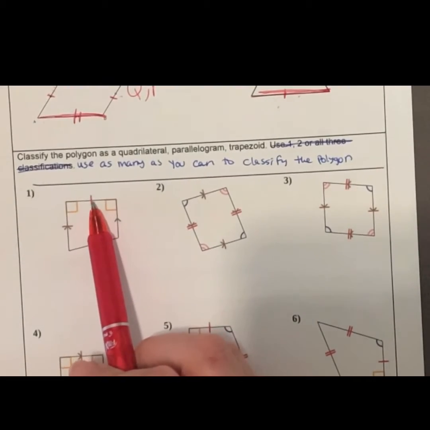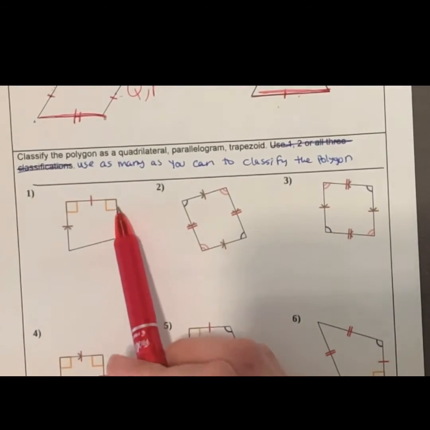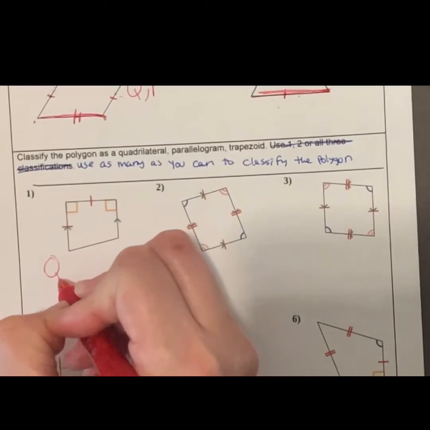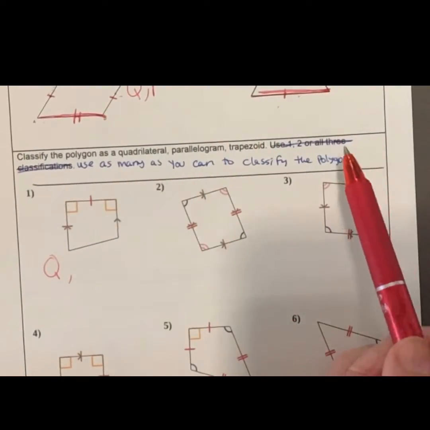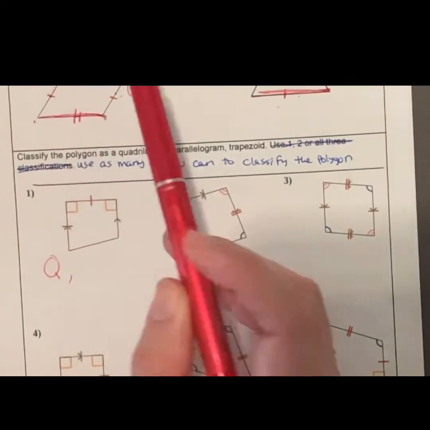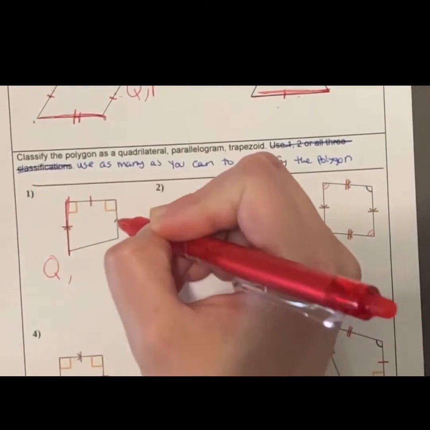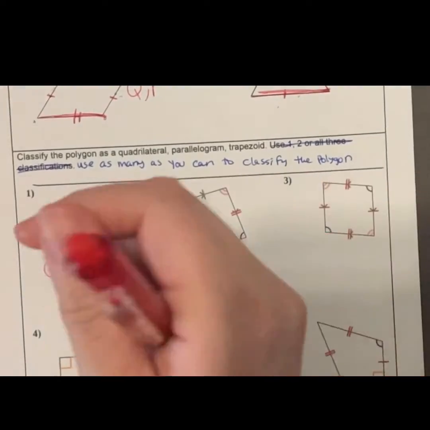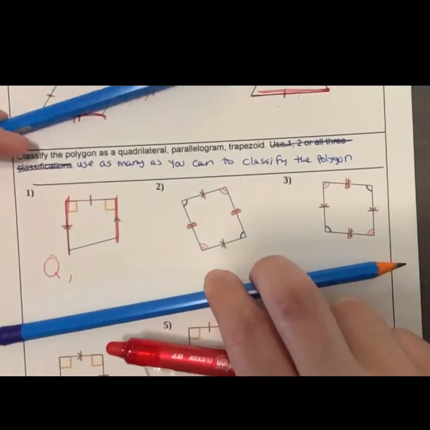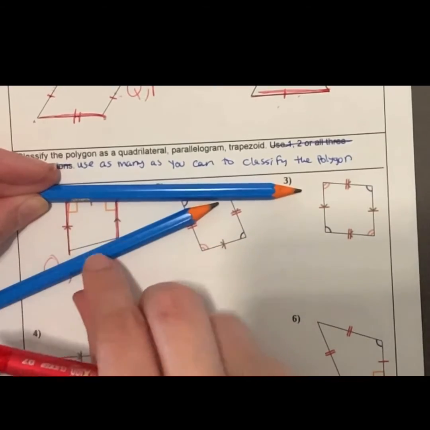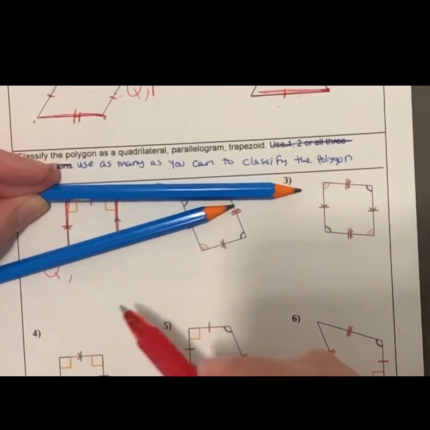Does it have 4 sides? 1, 2, 3, 4. Yes. So I'm going to put a Q for quadrilateral. Okay. Is it a parallelogram? Does it have opposite sides that are parallel? Well, if I look at this line and this line, that's parallel. But if I look at this line and you see how this one's slanted, that's going to tell me that they're not parallel.